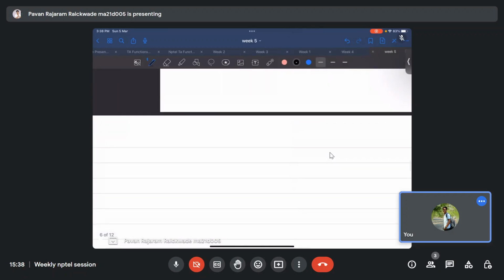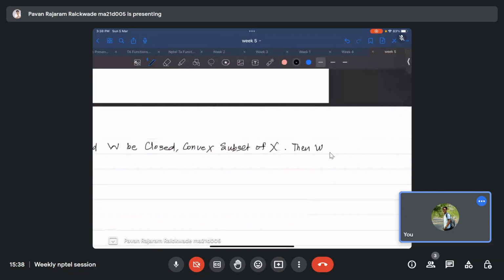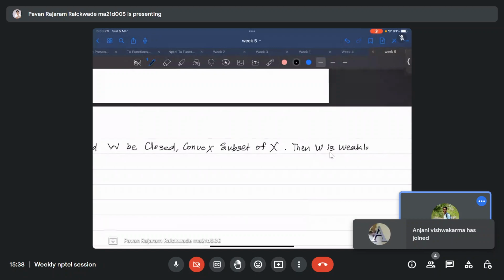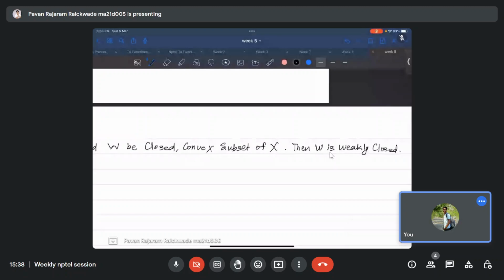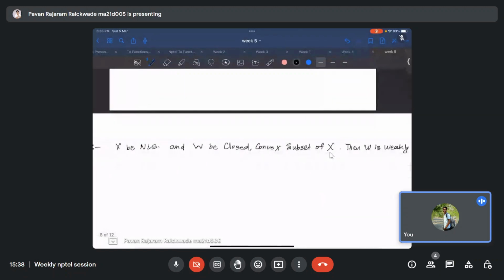Let X be a normed linear space and W be a closed convex subset of X, then W is weakly closed.